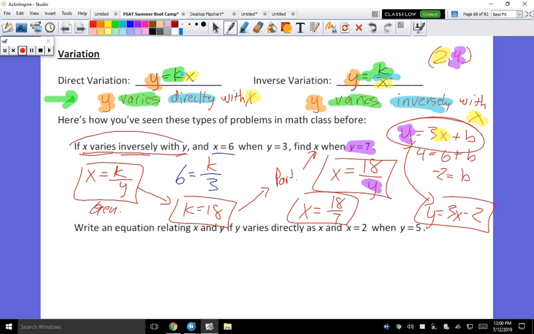Alright, so write an equation relating x and y if y varies directly as x. So y varies directly with x. So x is 2, y is 5. Whoops, that's not a 5. So what is k? It's 5 over 2.